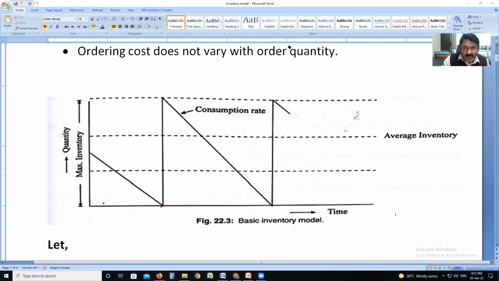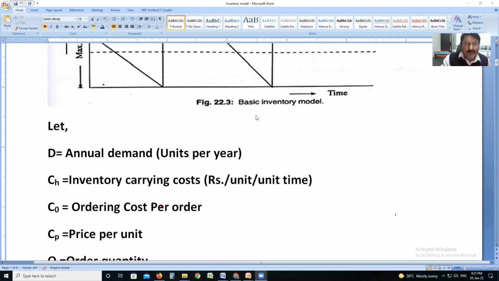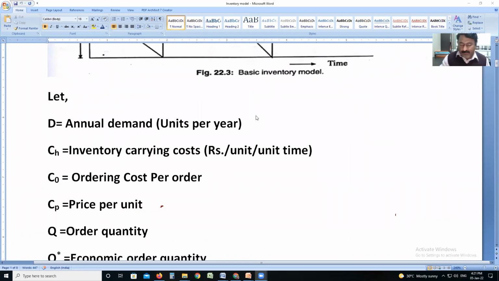Now let us proceed further, friends. Then we have to go for the EOQ formula. What is assumed here? D is the annual demand, in units per year. For example, the demand may be 1000 units per year, or 10,000 units per year.